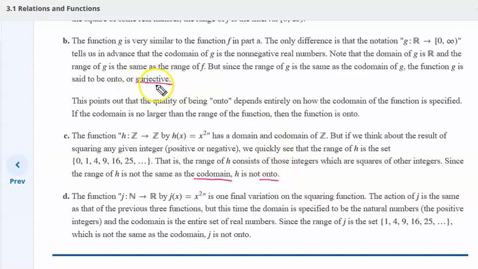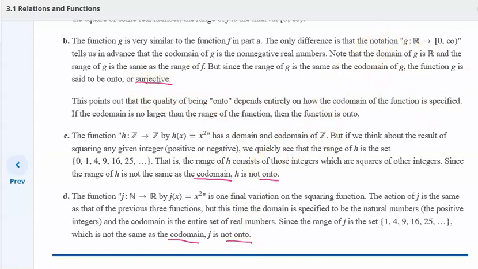It's a word I'm not too familiar with. And then in letter D, it's not the same as the codomain, so it's not onto or surjective.